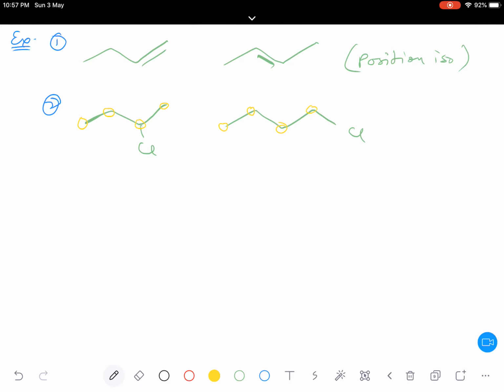Again, these two are structural isomers to each other. What kind of structural isomers? The molecular formula is the same, but the position of the chlorine atom is changing. The bond pattern is changing itself. So these two will also be called position isomers to each other, correct.